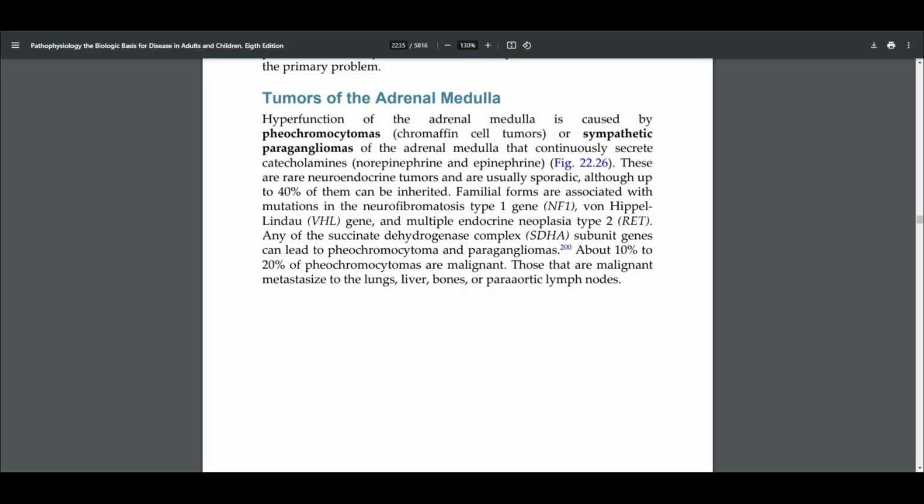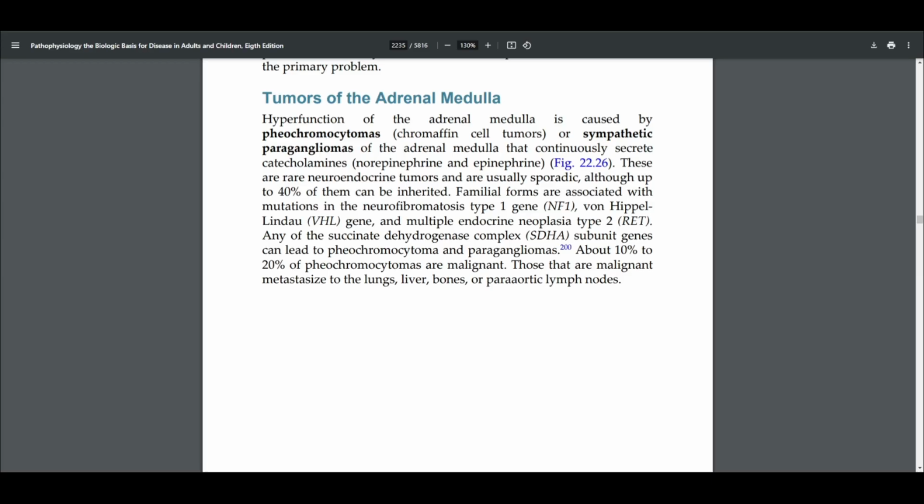Familial forms are associated with mutations in the neurofibromatosis type 1 gene, von Hippel-Lindau gene, and multiple endocrine neoplasia type 2. Any of the succinate dehydrogenase complex subunit genes can lead to pheochromocytoma and paragangliomas.